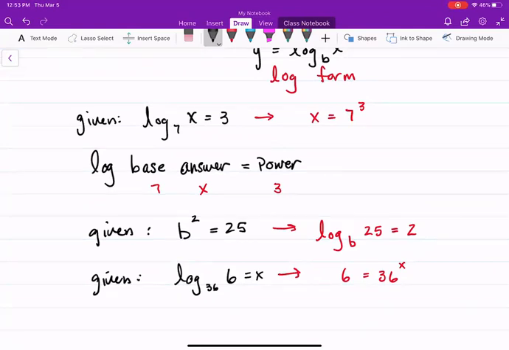When I convert from log to exponent, then I'm looking for something equal to a base raised to a power, so I'm looking at those pieces as well.